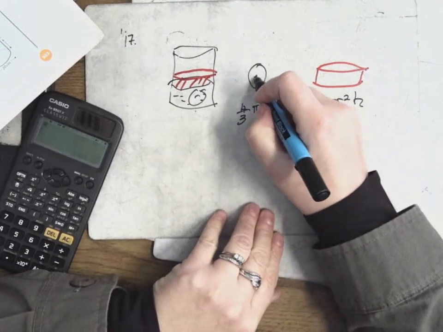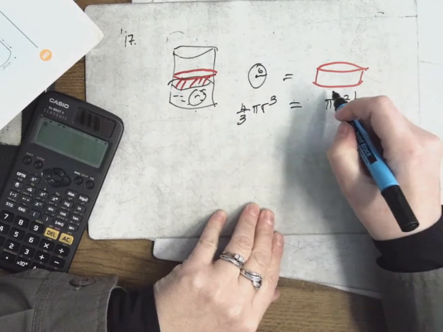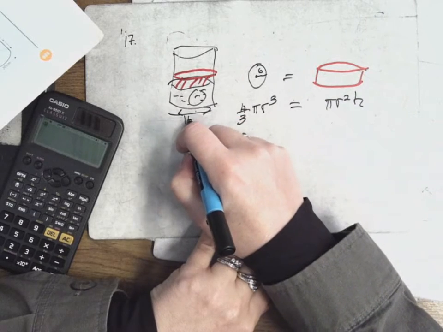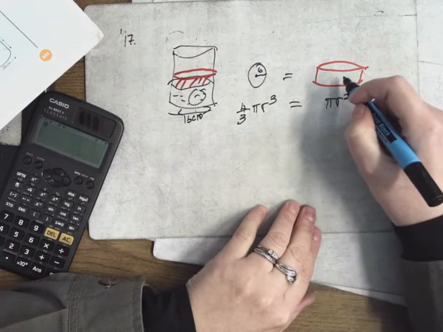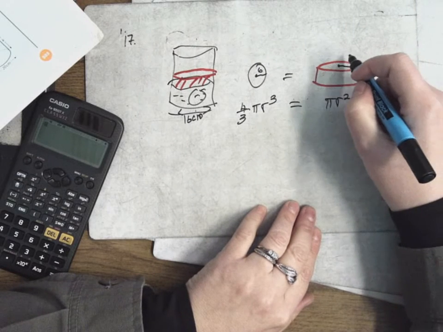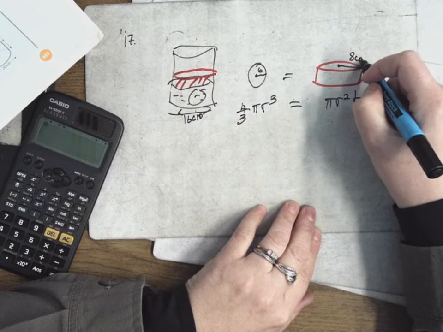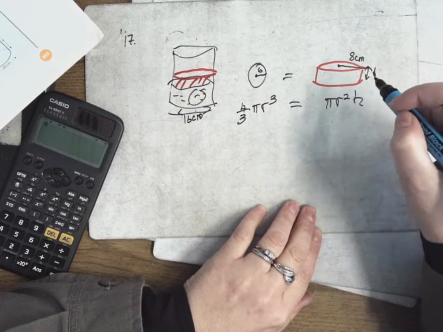Now they told me that the radius of this is 6, and they also told me this is 16 centimeters. Well, I do have it, right, okay, because that's the radius. So this is 8 centimeters, and look, this is the question, what's the extra height that the water rose up?